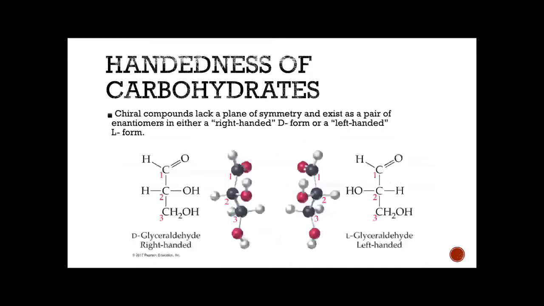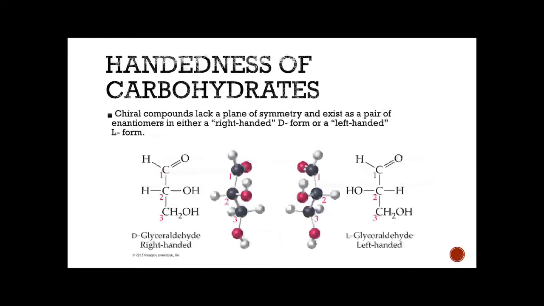Chiral compounds exist as a pair of enantiomers. Basically that just means that they're mirror images of each other, and it can have either a D form or an L form. We've talked about carbons in the past, and we said as long as there are 4 different groups attached to the carbon, then it's considered a chiral carbon.